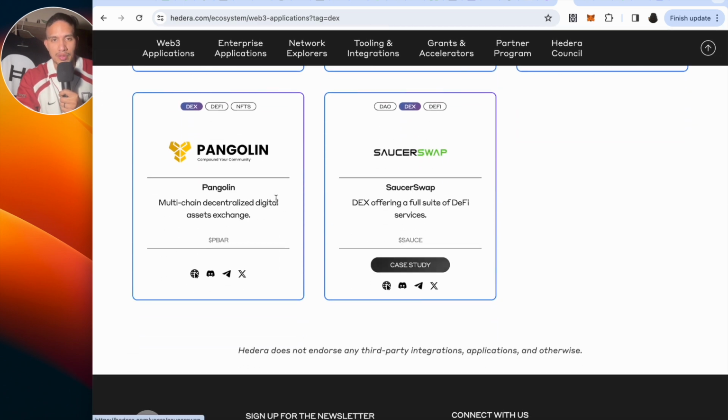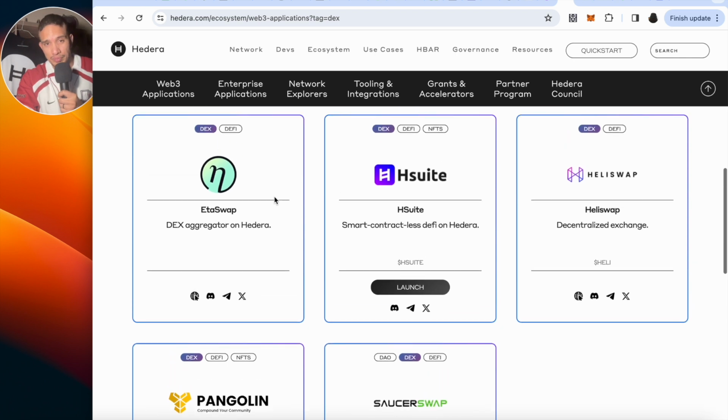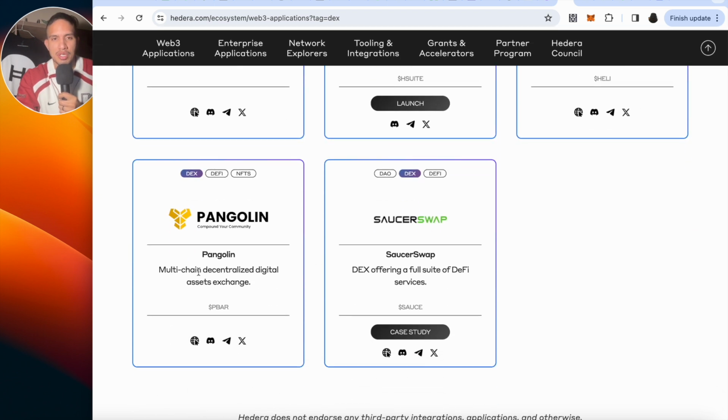Now these two are the top DEXs. Now you can read here, Edaswap is a DEX aggregator on Hedera. HSUITE, okay, is a smart contract-less DeFi on Hedera. That's what caught my attention. HeliSwap is a decentralized exchange. Pangolin is a multi-chain decentralized digital assets exchange.